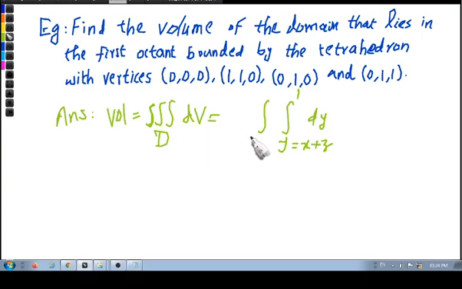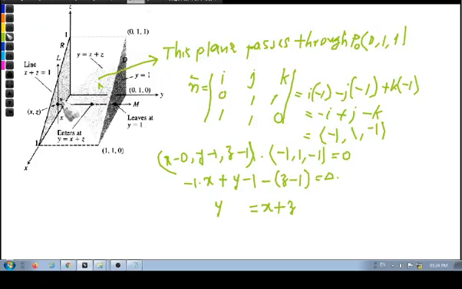Now z variation, z varies from where to where? So again go to the figure, look at the shadow region. How do you obtain this shadow region? You solve these two equations simultaneously, upper and lower.